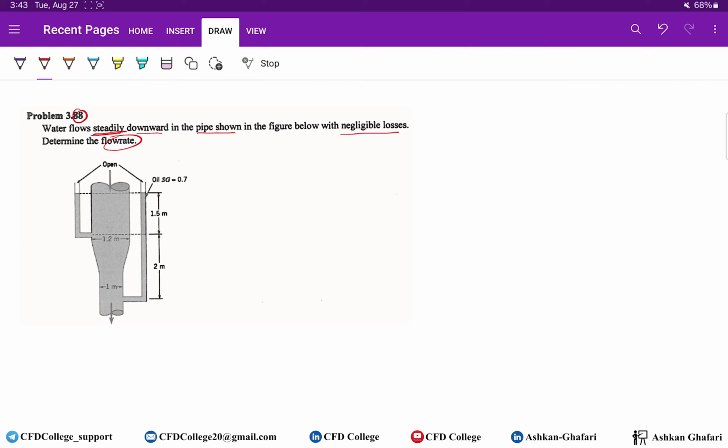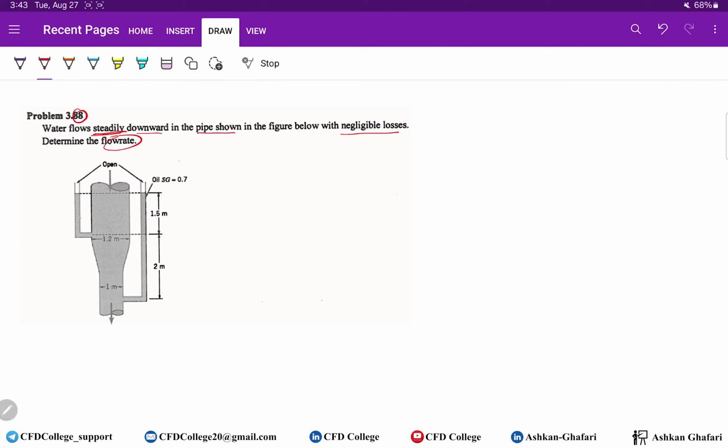Okay, the first step. What is the first step? The first step is to find key points. Here we have opening and opening, so this is where we have atmospheric pressure.